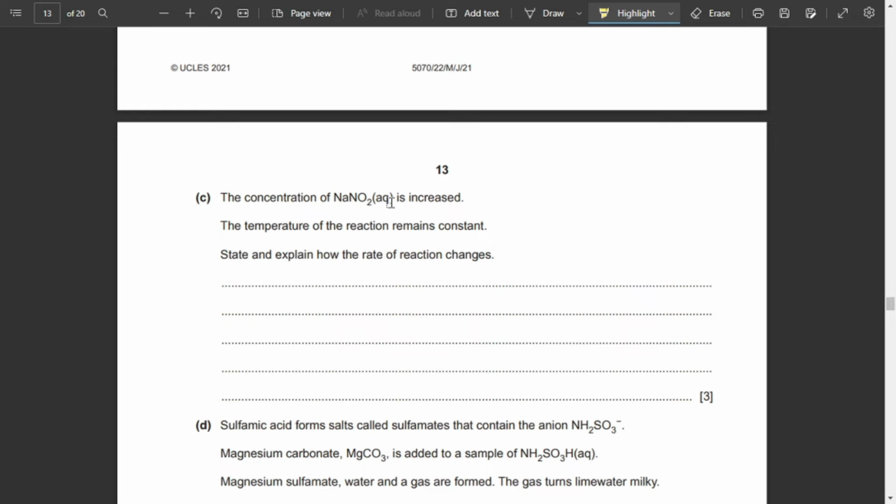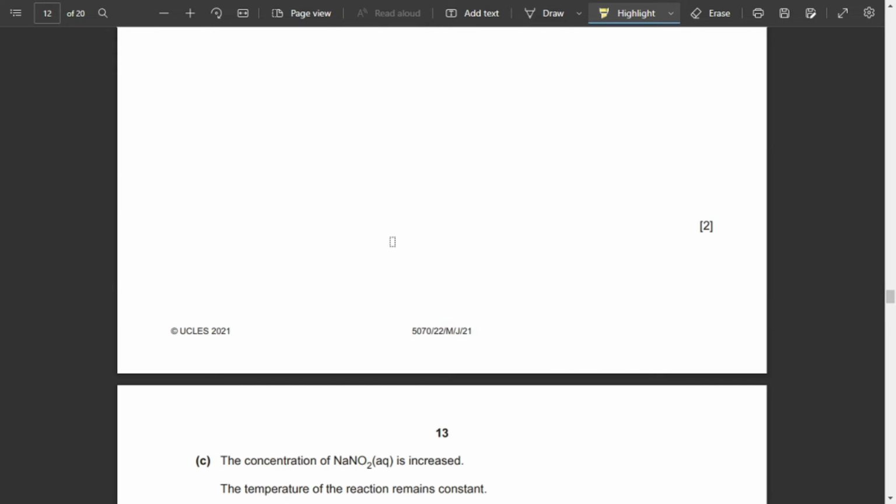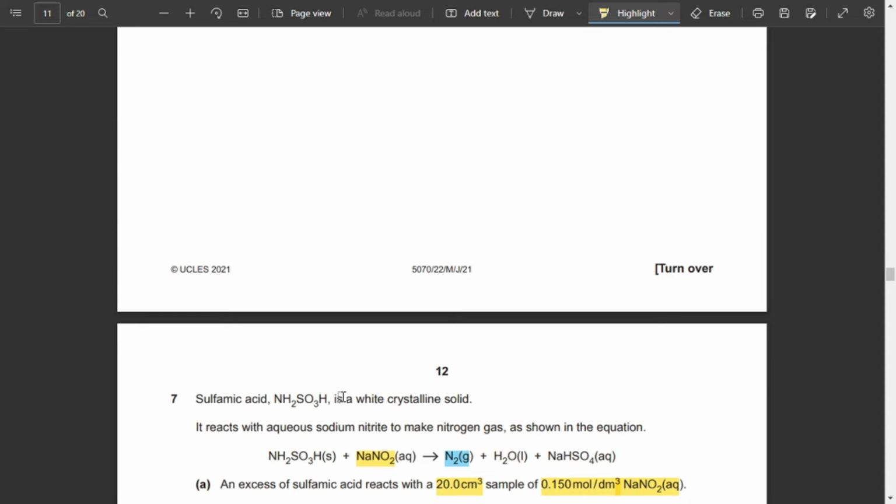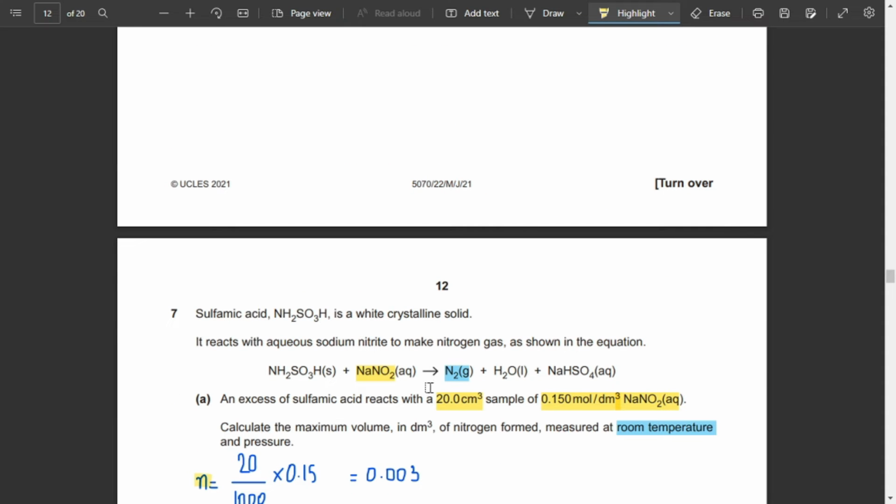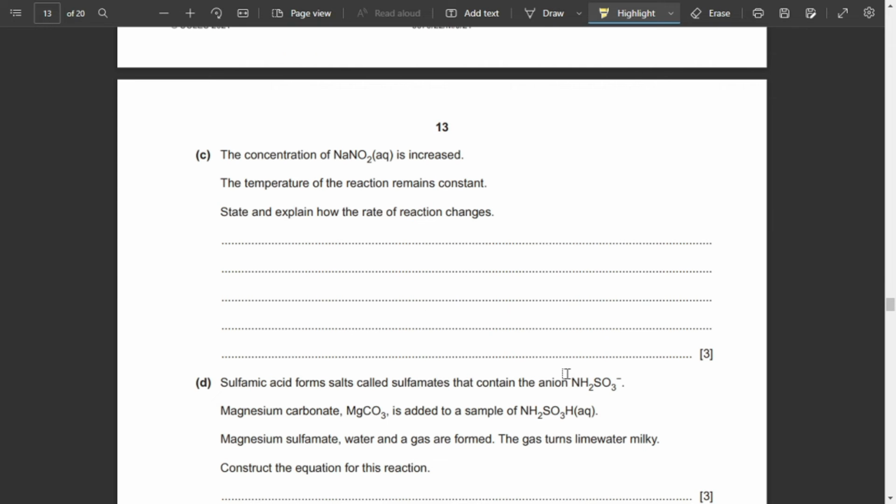Alright, and more collisions can take place, more successful collisions. So basically that is why the concentration is directly proportional to the rate of reaction. So as you know, NaNO2 is a reactant. If we increase the reactant, the forward reaction will increase. That means the rate of reaction will increase.